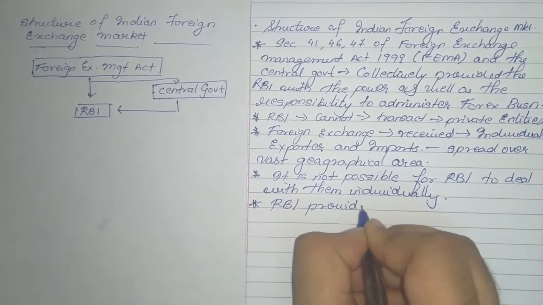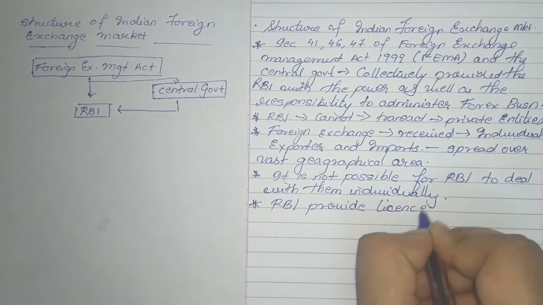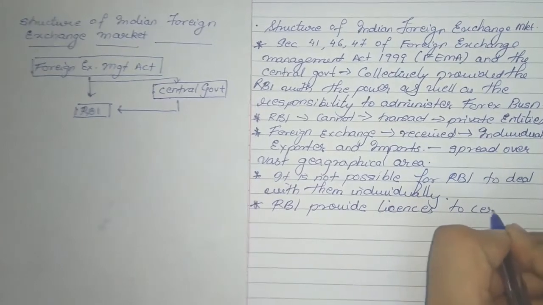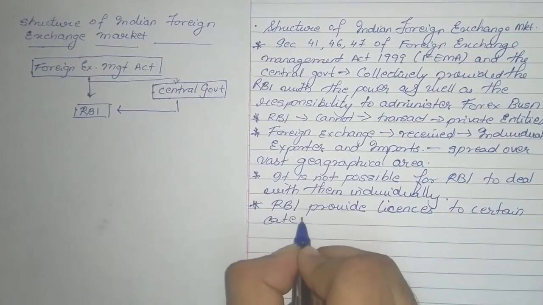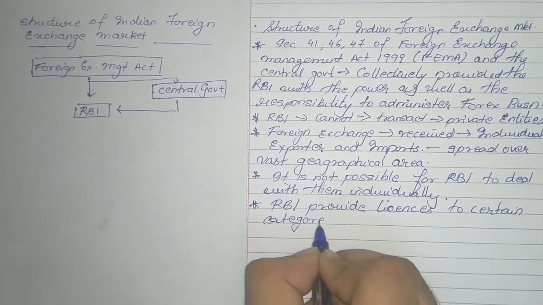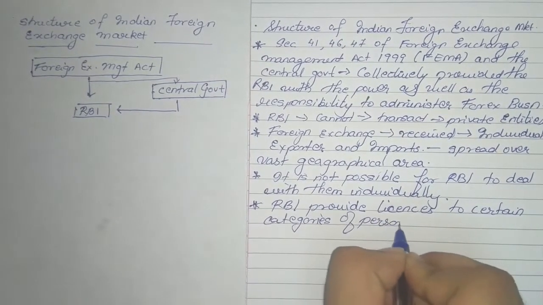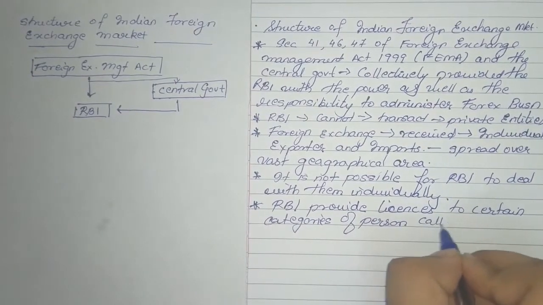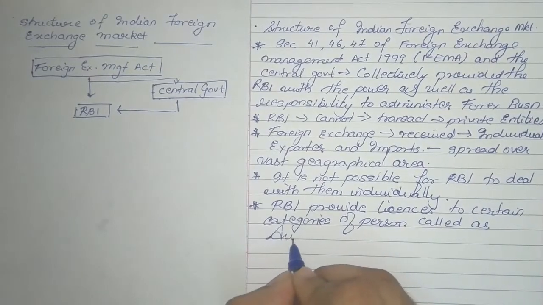So now for this, the RBI has provided licenses to certain categories of persons, which are known as authorized persons.